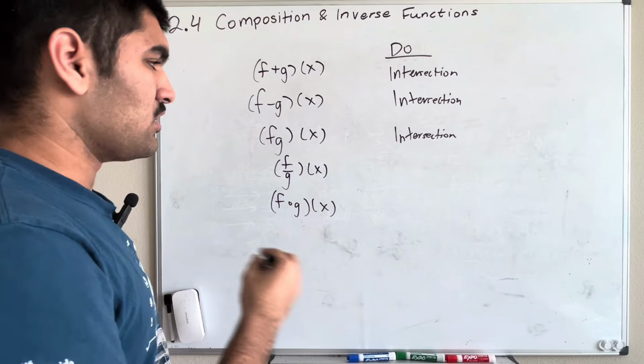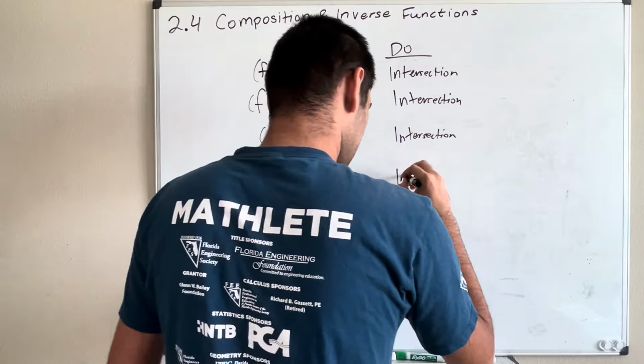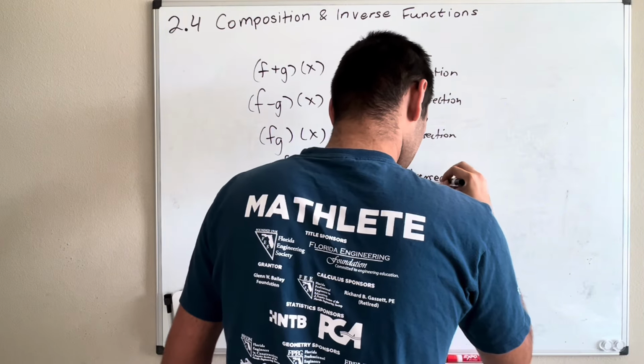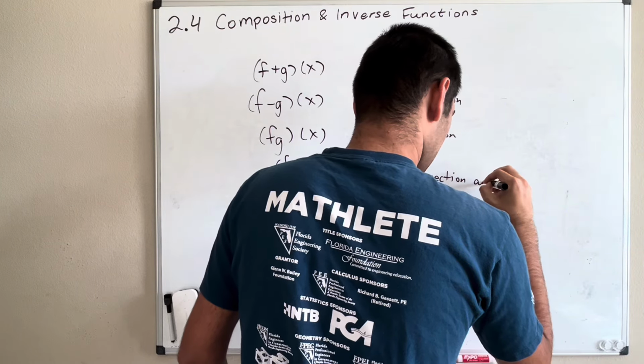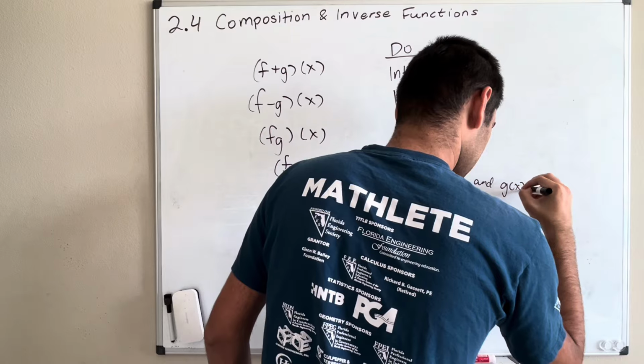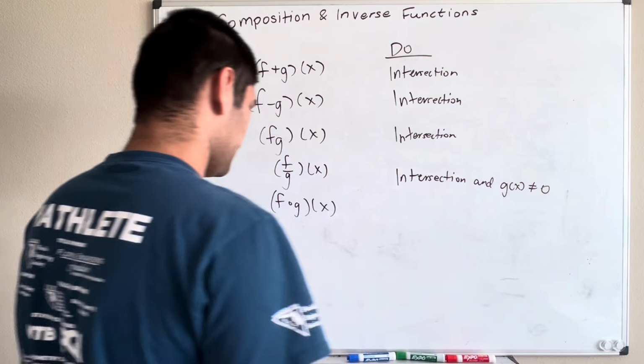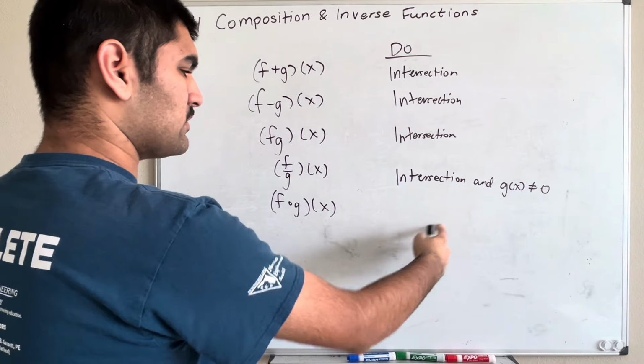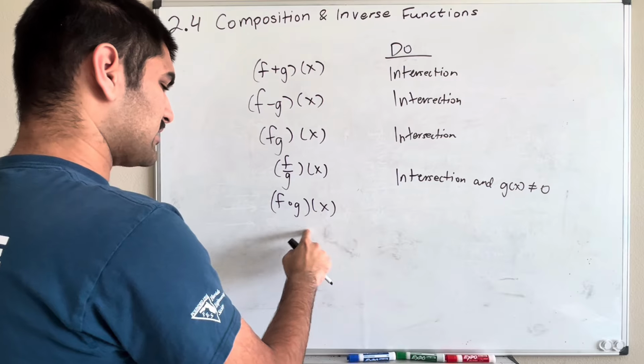If g of x equals 0, then it's undefined. So it's the intersection and g of x cannot equal 0. For the last one, the domain is a little bit more complicated, but we'll get to that later on in the video.